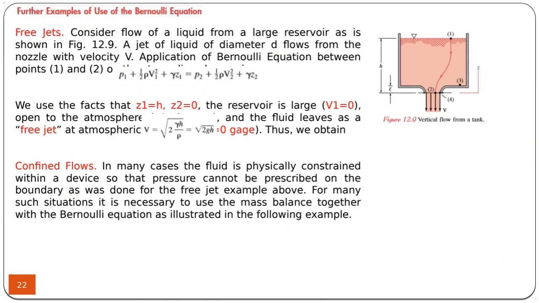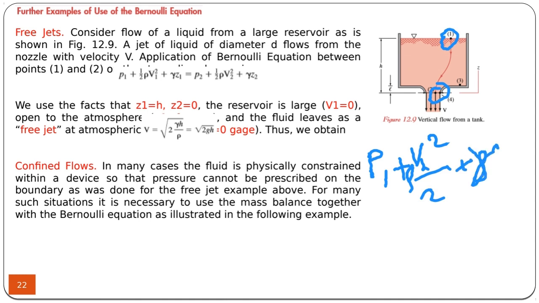An example of Bernoulli's equation: water is flowing from, or being drained from, this container. So we take 2 points, point 1 here, point 2 here. We're going to write Bernoulli's equation between point 1 and point 2. We know that P plus rho V squared divided by 2 plus gamma Z is constant.